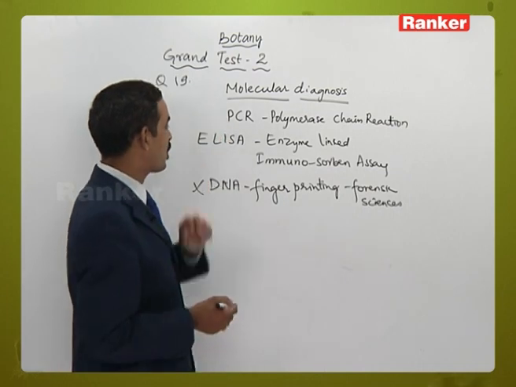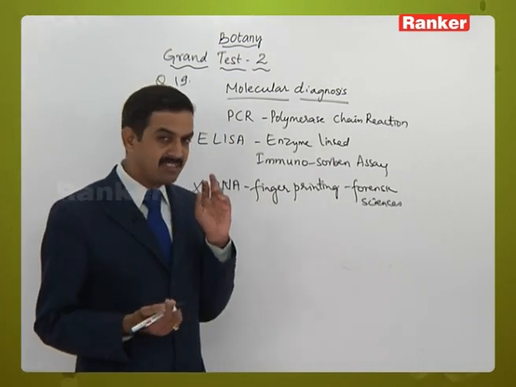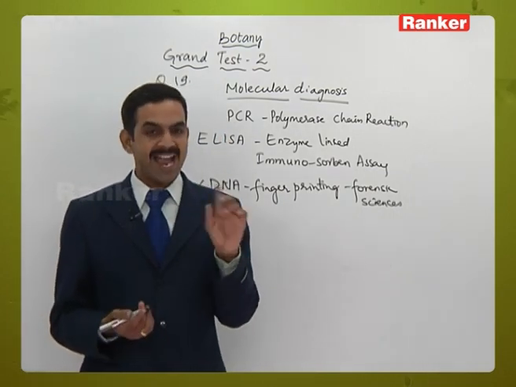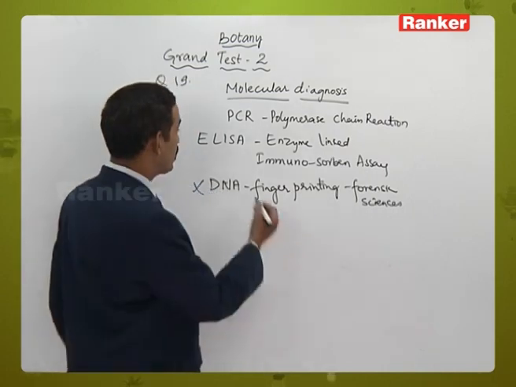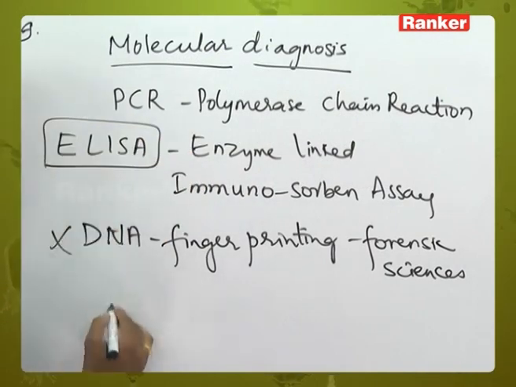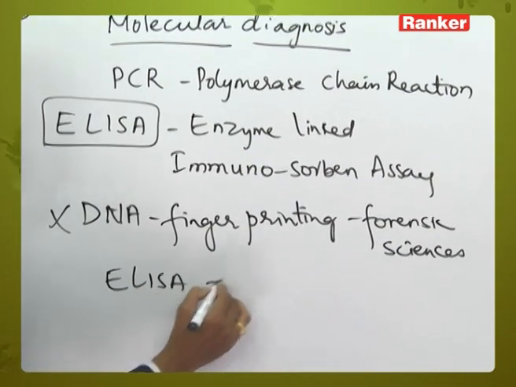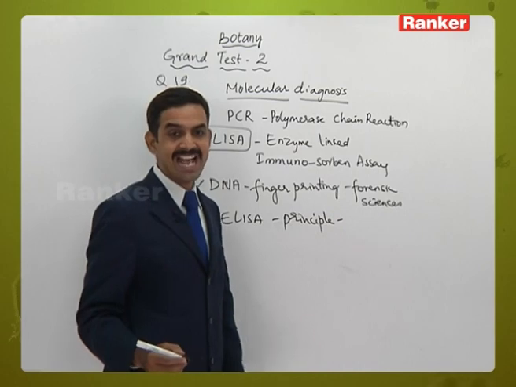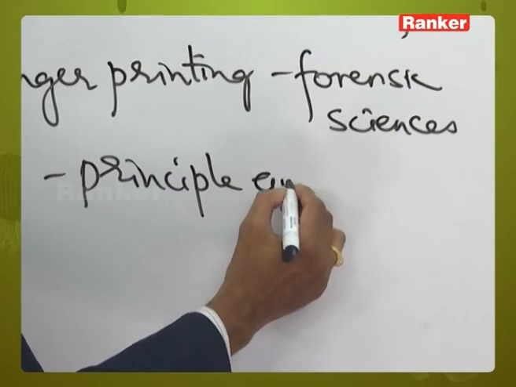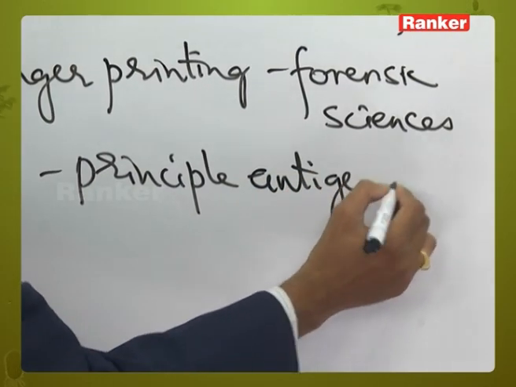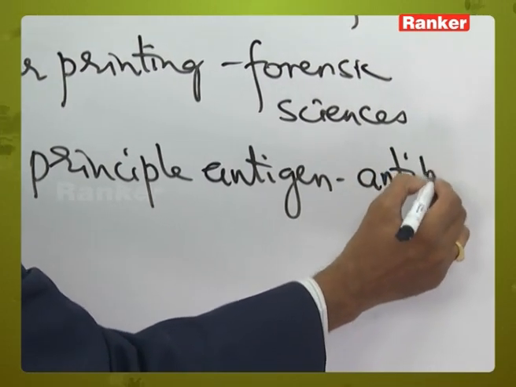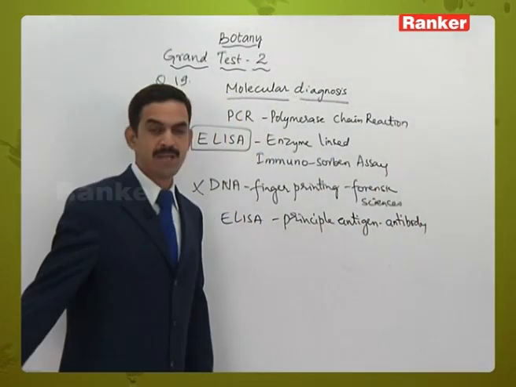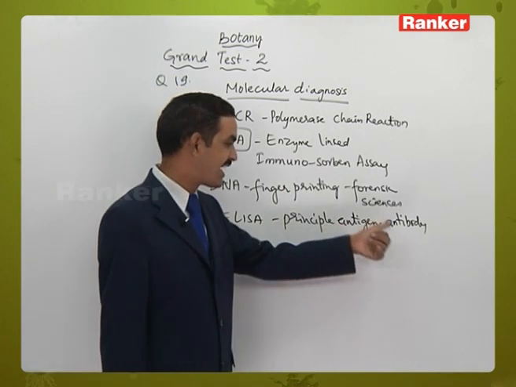Now let us concentrate on PCR and ELISA. The question is related to antigen-antibody interaction. ELISA is based on the principle called antigen and antibody interaction.